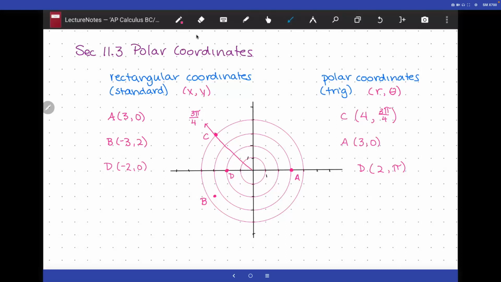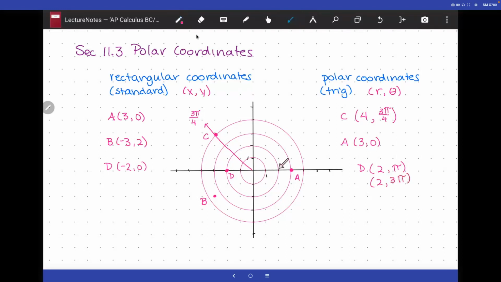But there's other ways we could give point D. Now, before I give anything away, anybody have an idea where I might be going with this? Another set of polar coordinates that still give me point D? Kieran? Because it still works.